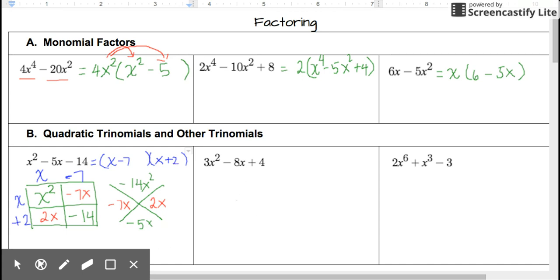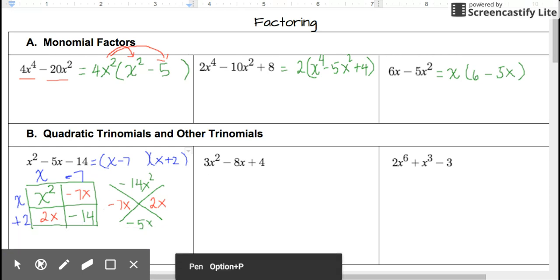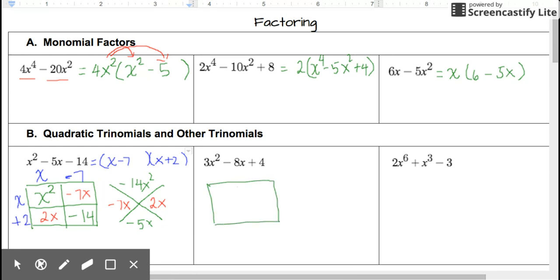Now, let's try the same process for this next one. First term goes here, and last term goes in region 4.